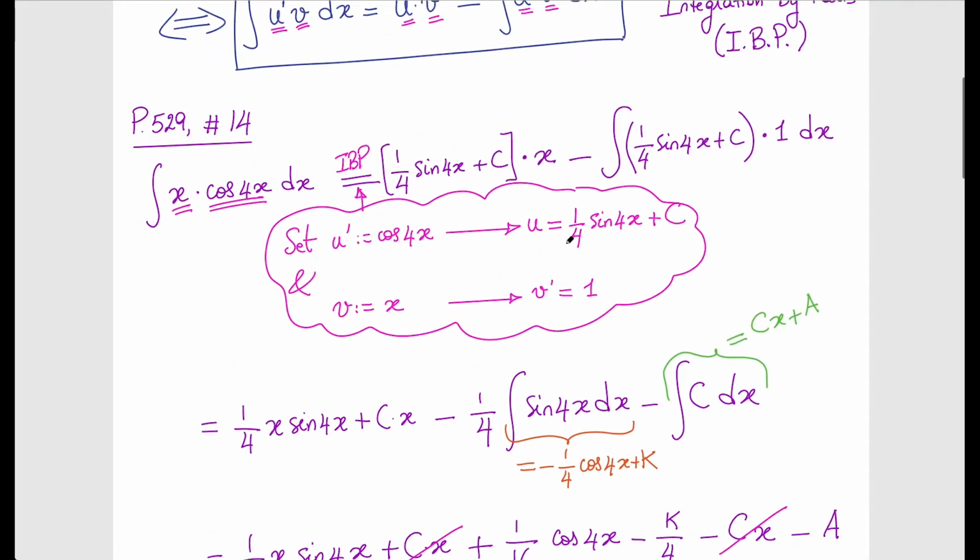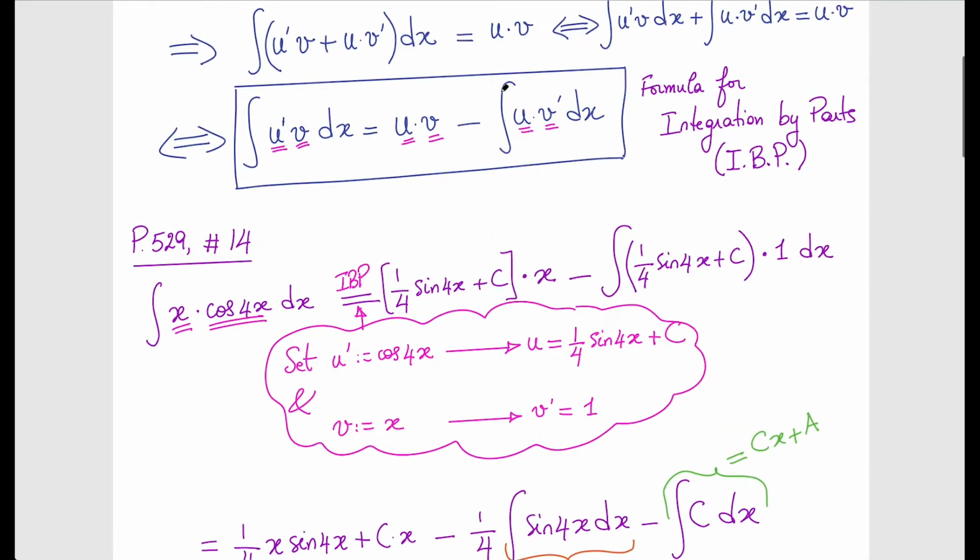So this integral would have been more complicated than the one that you started with. And as such, you're not simplifying your problem, you're making it more complicated.